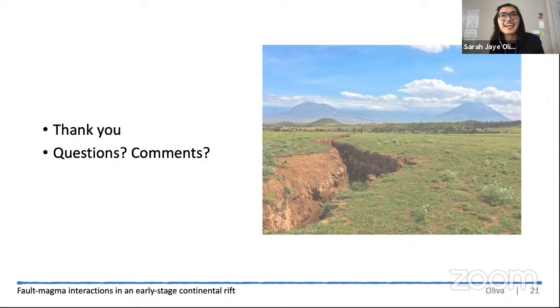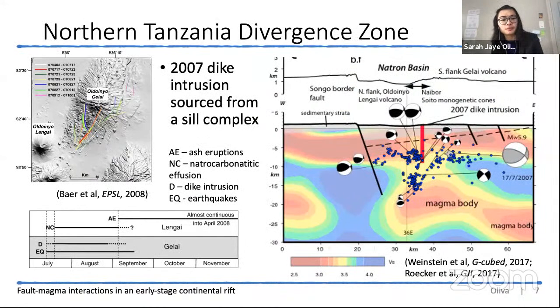Very good question. Let me start with the dike because that was a specific event. The diking that occurred in 2007 was, at that time, we didn't have a local seismic array. This was mostly studied through InSAR and modeling, determining the time progression and the location of the dikes.